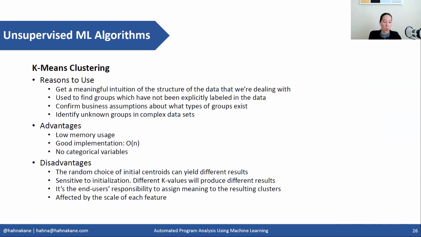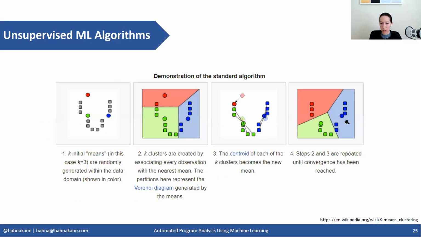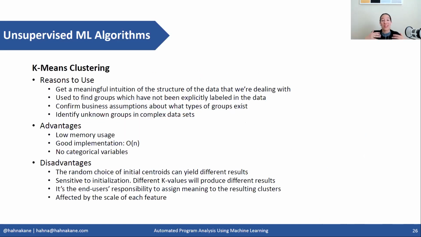And so after it performs this clustering, you're like, okay, I have 3 clusters. What exactly does this mean? What is it telling me? Well, that's on you to assign meaning to the resulting clusters, right? That responsibility is the burden of the end user to interpret what those clusters represent.